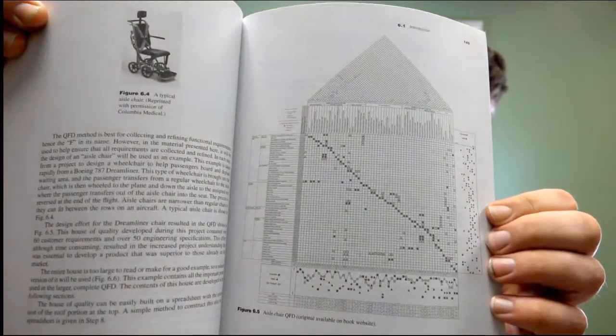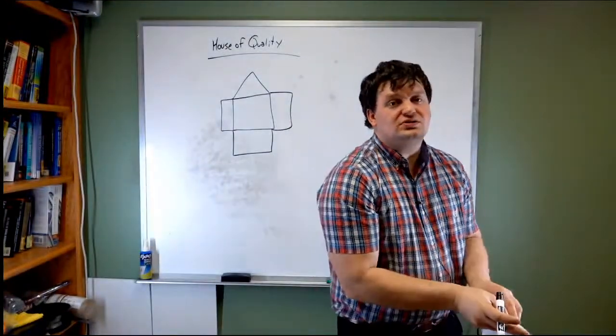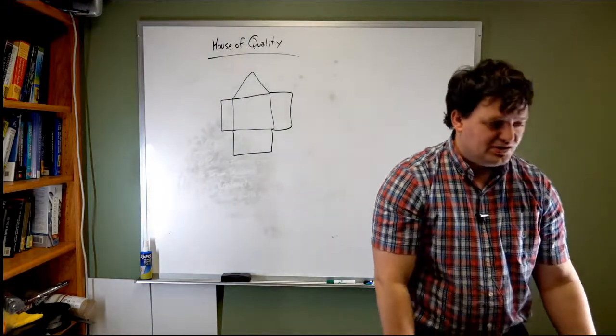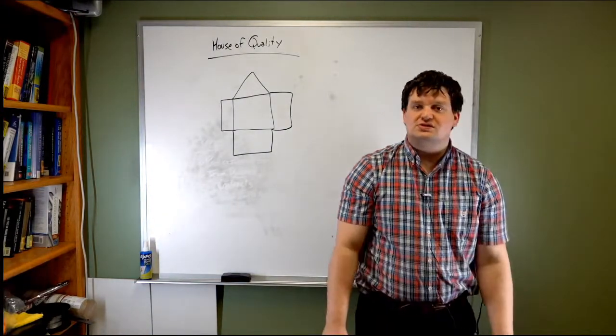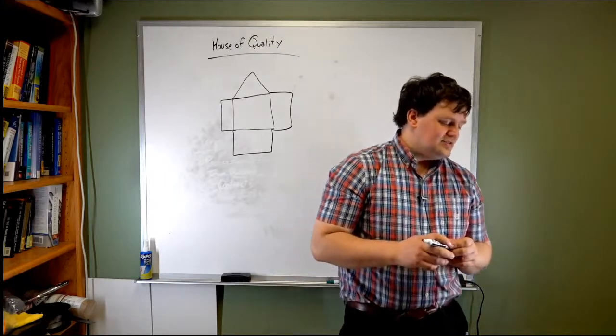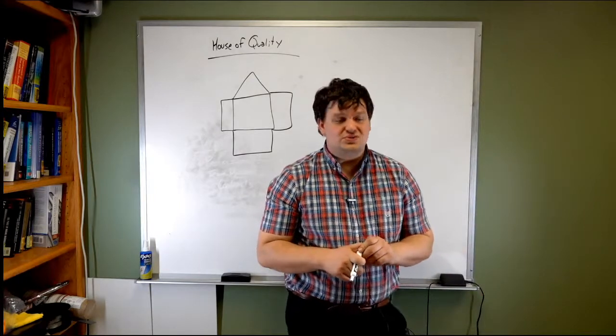House of quality is pretty universal. This is an international method that people use to evaluate their own decisions and to determine whether or not their decisions are valid. So this isn't something that's unique to the US. It's really used everywhere.